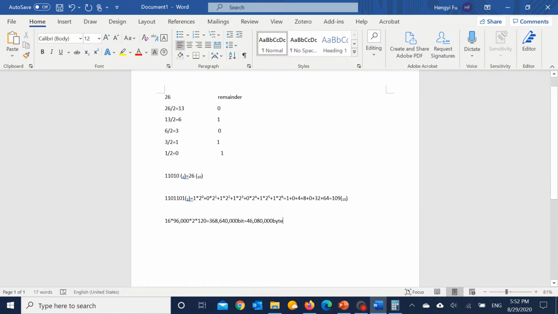So we can say this number is 46,080 kilobytes. You can also write it as kB. Please pay attention to this unit here. This k is a lowercase letter k. This B is a capitalized B. You cannot use a lowercase letter b here because a lowercase letter b means bit. Capitalized B means byte.